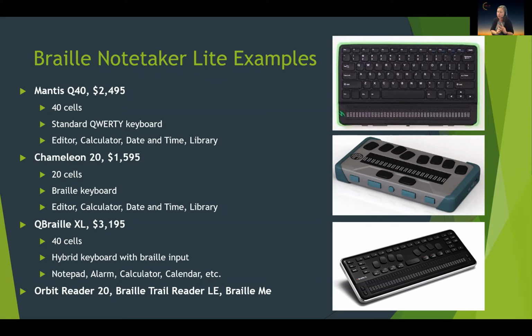It has a Windows key. It has Control, Alt, Option, and Escape and all that good stuff. So you can still quickly access important computer shortcuts instead of having to memorize a chord on a Braille keyboard. And so that just makes life so much better. So it's a nice marriage between the two. Depending on what your students' needs are, that might be the best refreshable Braille display for them.